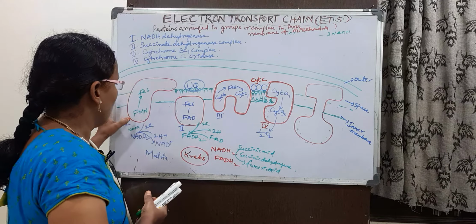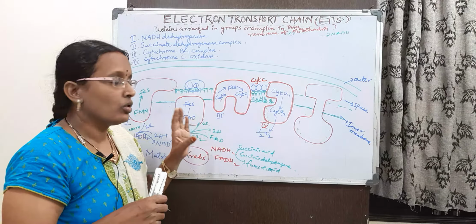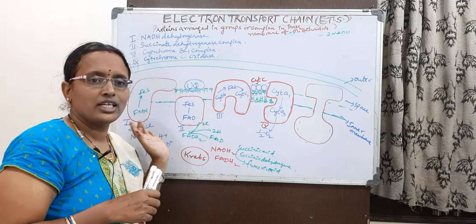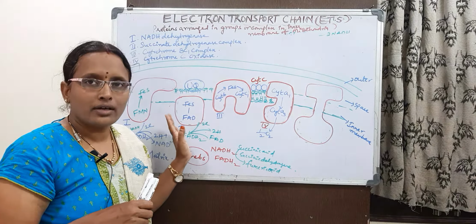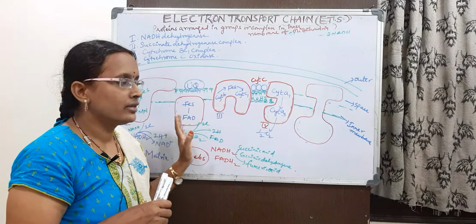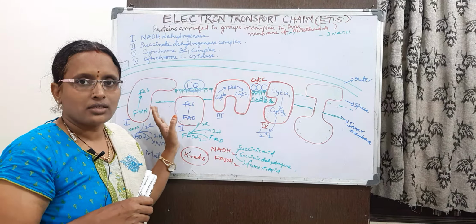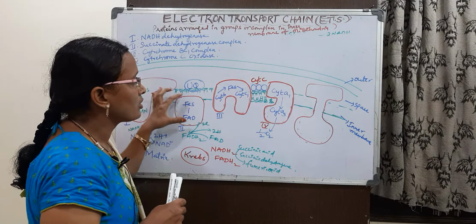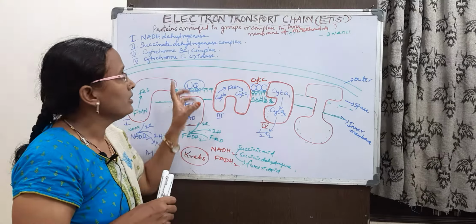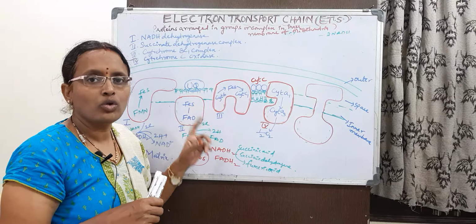So these are all the complexes. Whether it is NADH2 or FADH2, when they are oxidized, only then do we get the ATPs. When they are oxidized, they undergo the electron transport chain, which is present in the inner membrane of mitochondria.